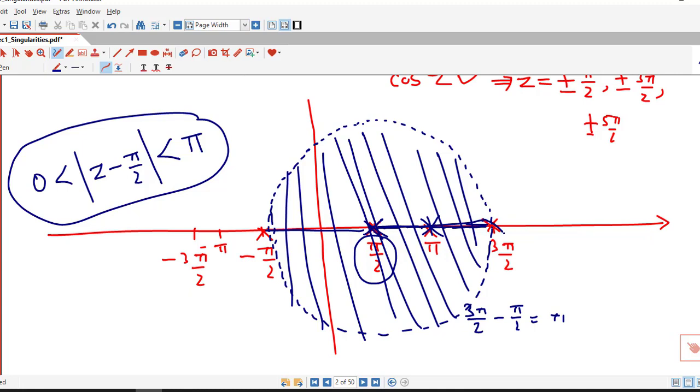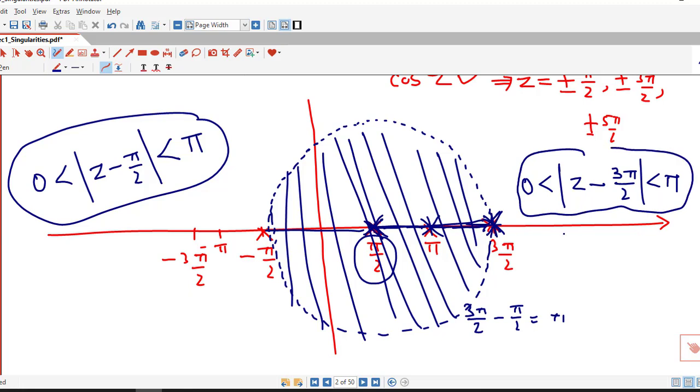Similarly, we can check at 3 pi by 2. Again we will consider a deleted neighborhood of 3 pi by 2. So again here also the radius is going to be pi, because the distance between pi by 2 and 3 pi by 2 is pi. So if we consider this deleted neighborhood, then the function is analytic at every point in it. Therefore z equal to 3 pi by 2 is an isolated singularity of this function.